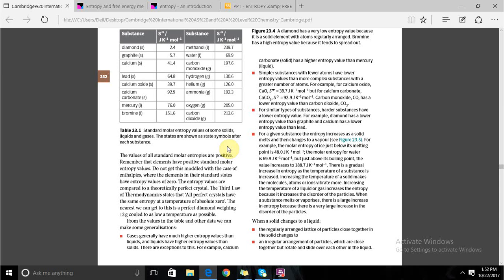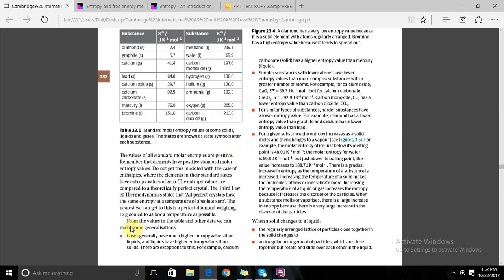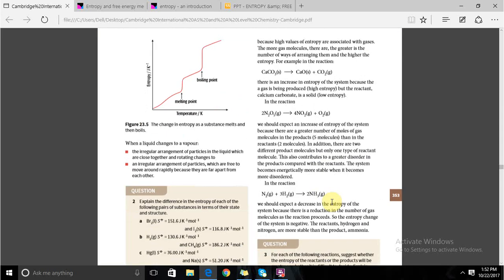And right now no reaction is taking place. We may be talking about a single element or a single compound, and we might be heating it up, cooling it down, or inducing a change in state. But now what if we were to actually partake in a chemical reaction, and how would entropy be involved?